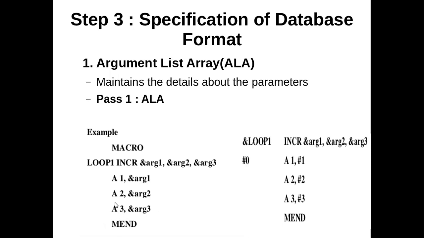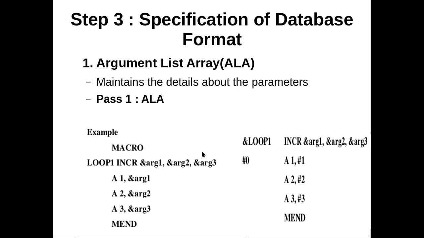When we store this macro definition, the argument list array is used to replace these dummy values with index markers. Index markers start with the hash symbol. So what are the dummy values in this macro definition? Loop 1, arg1, arg2, arg3.